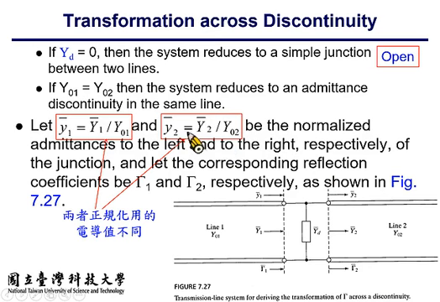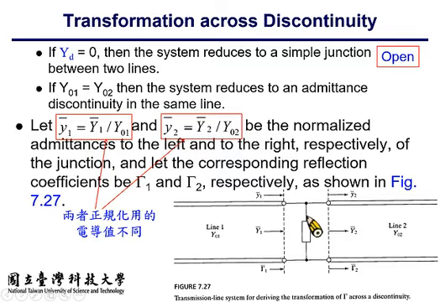To do the normalization, you should divide y2 by y sub 02, the characteristic admittance. And y1 is the normalized admittance looking from the left of this dashed line to the right. Because the line admittance is y sub 01, you do this for the normalization.